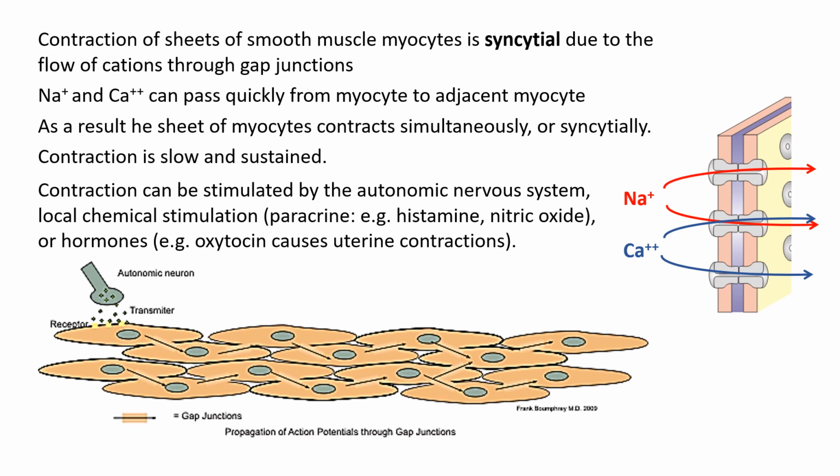That's what paracrine means. It's a very local basis. The contraction and relaxation of our smooth muscle. And hormones. So if you think of the uterus, oxytocin causes uterine contractions. So we've got an autonomic nervous system, but we've also got chemicals that can do the same job.